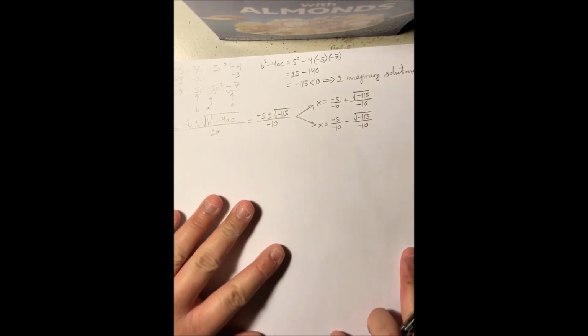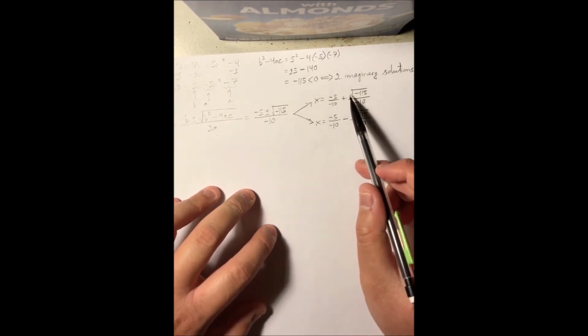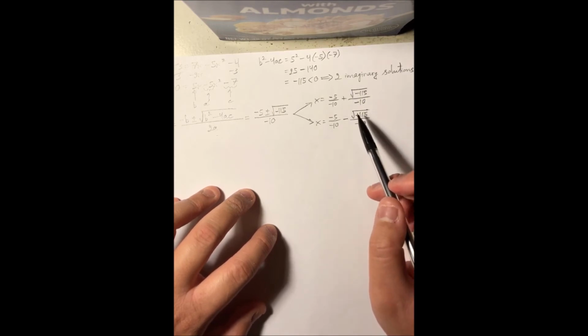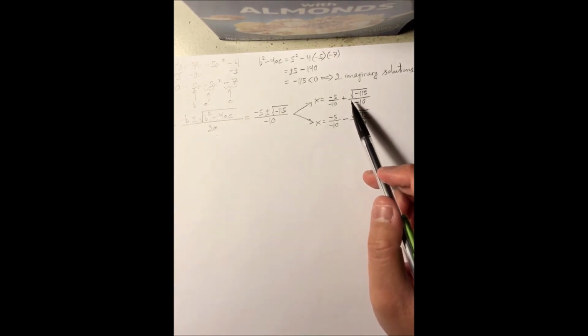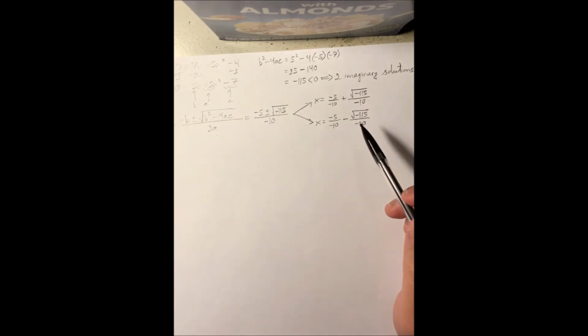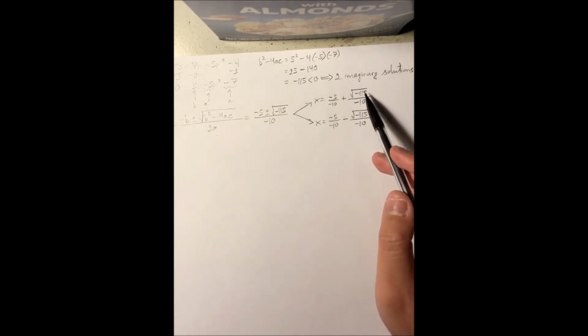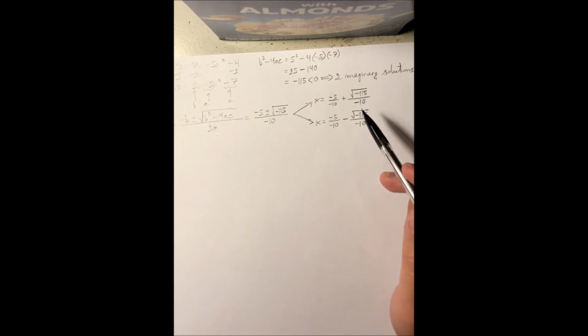Now, in the previous videos, I said that any even root, such as square root, fourth root, sixth root, and so on, is not allowed to have any negative number underneath. But in this case, we do have it. So how do we get rid of this negative sign?